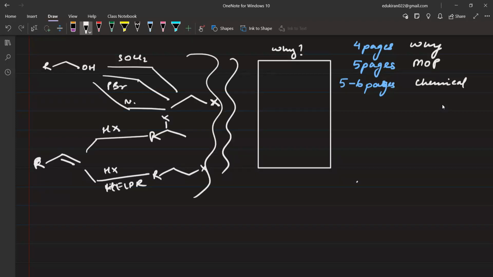You have to make a spider map, a reaction map. Once you are done with the chemical properties, then 1 page you are going to require for all the chapters, where you will write chapter-wise name reactions.